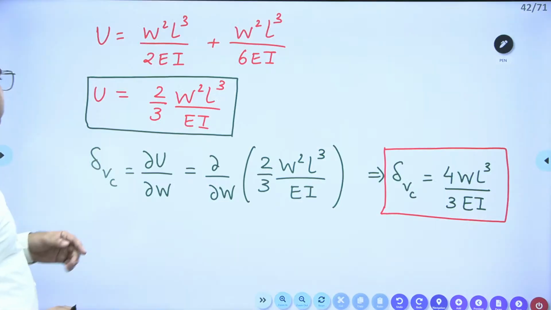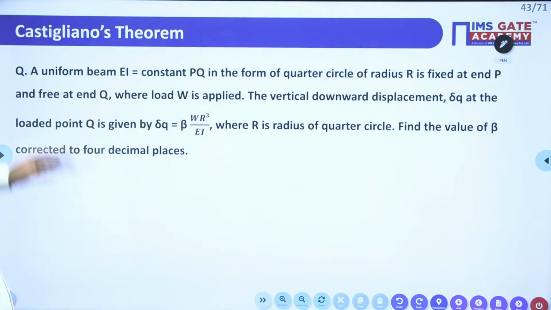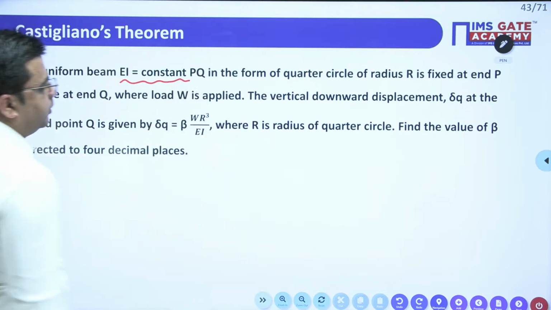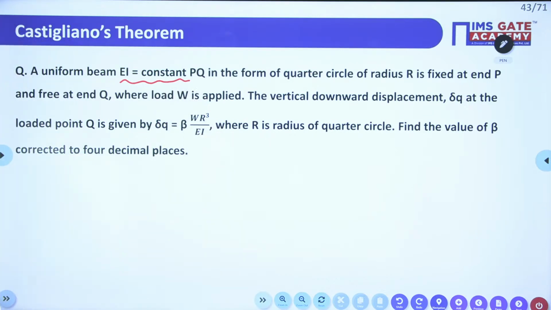Moving on, we have one more question which says that a uniform beam, EI constant, PQ in the form of a quarter circle of radius r, is fixed at end P and free at end Q, where load W is applied.